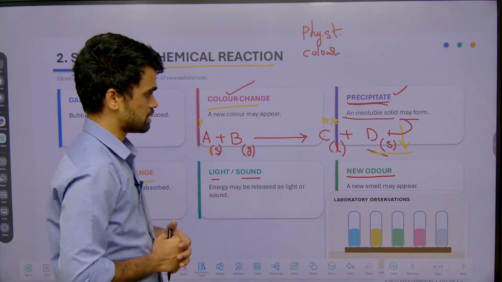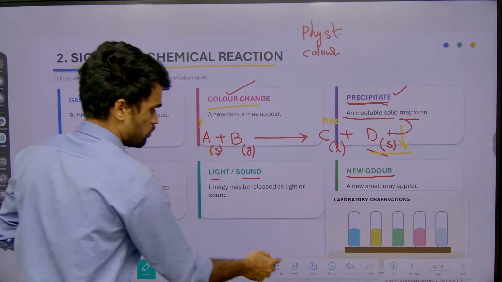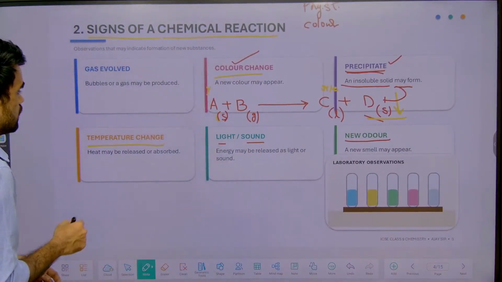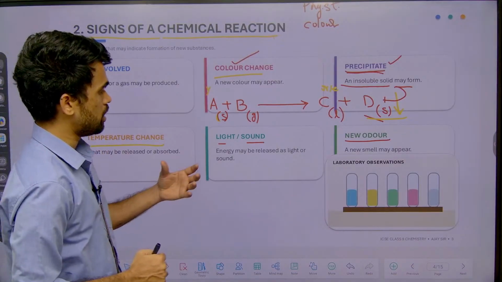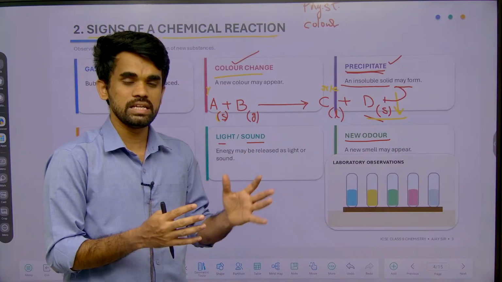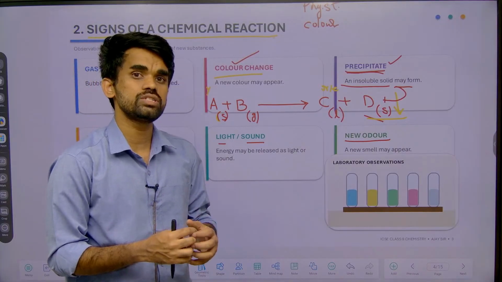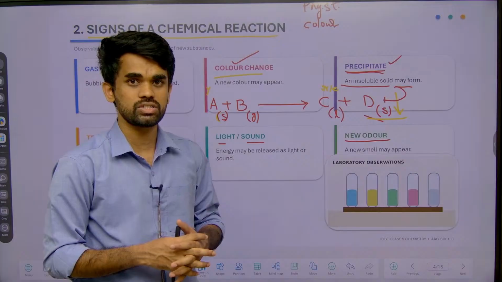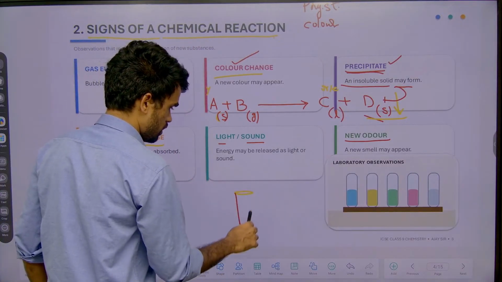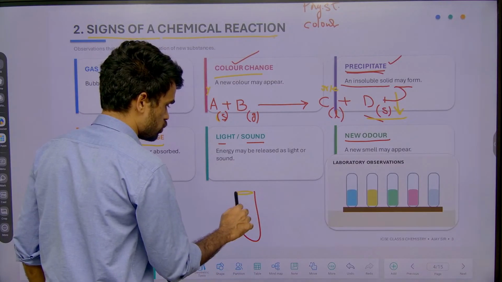Okay, next, one more thing: temperature change. For example, during a chemical reaction, sometimes heat might be released. If heat is released, you should call that reaction an exothermic reaction. It means that, see, you are doing the chemical reaction in this test tube.